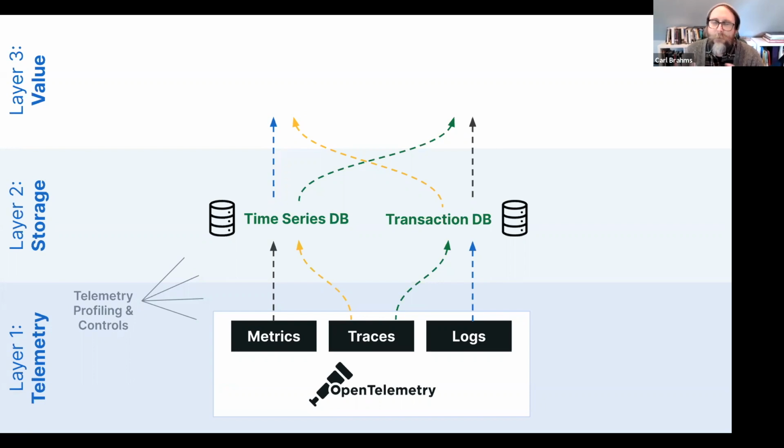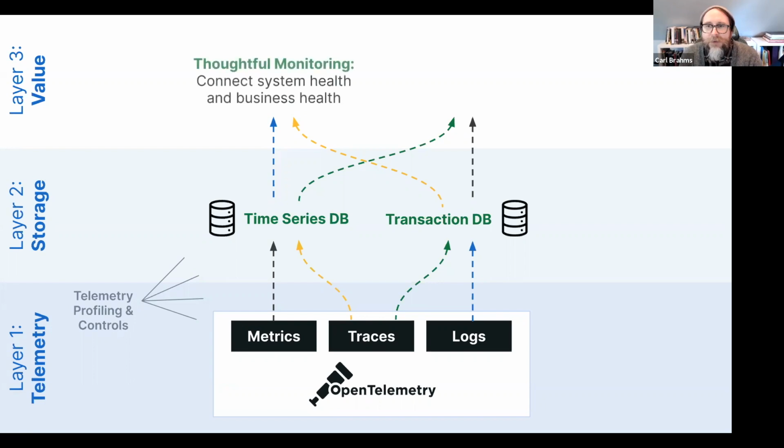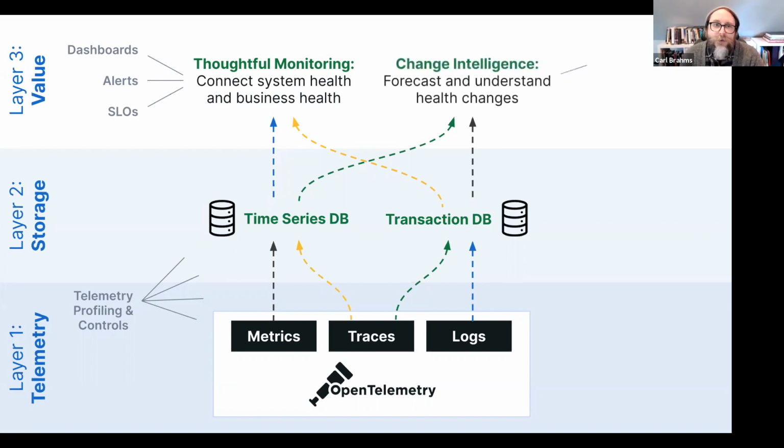This means representing your business goals alongside your dashboards and your alerts, and making sure that your SLOs are centered on your customer experience. And then the second problem is understanding change, so you can accelerate your planned changes while mitigating the effects of unplanned changes.